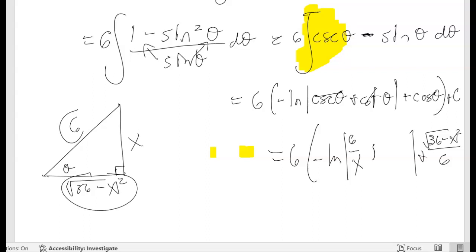And then the cotangent would be the reciprocal of the tangent. The tangent is this divided by this. So you could have this guy, the original function we integrated happens to be the cotangent of the angle theta from our trig substitution, I think.